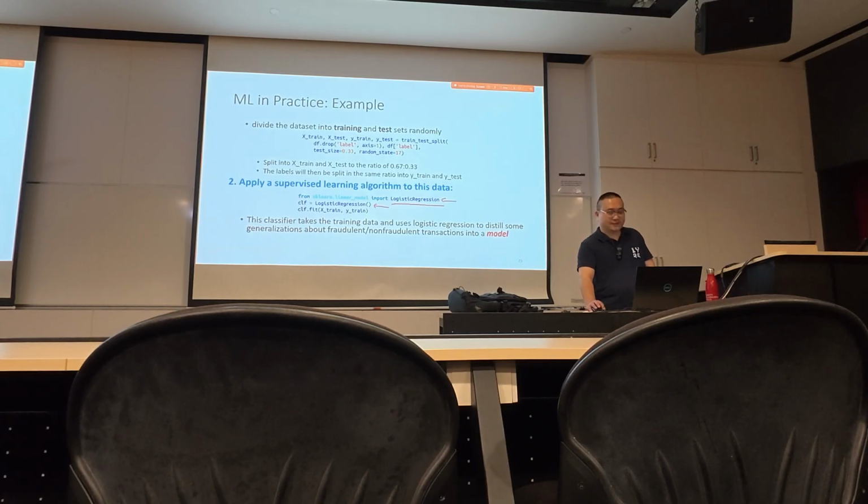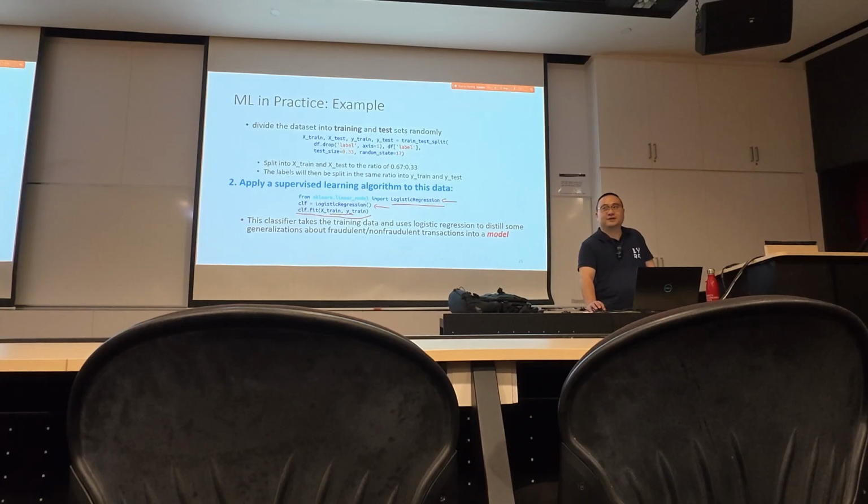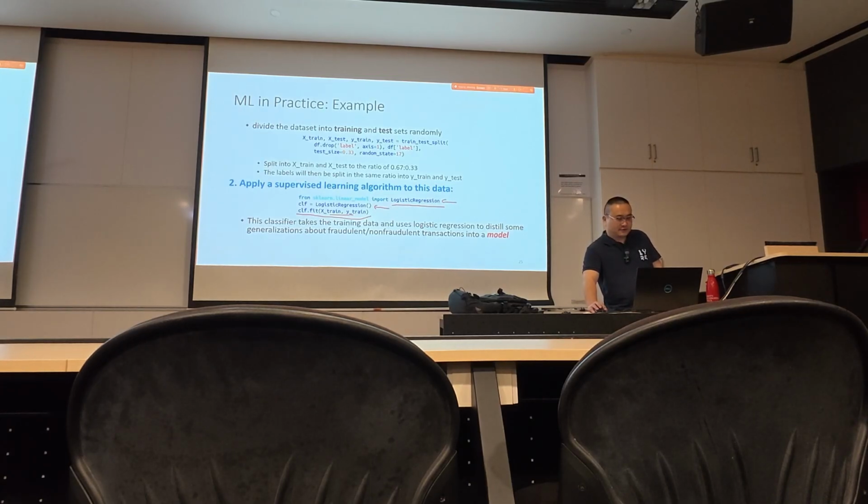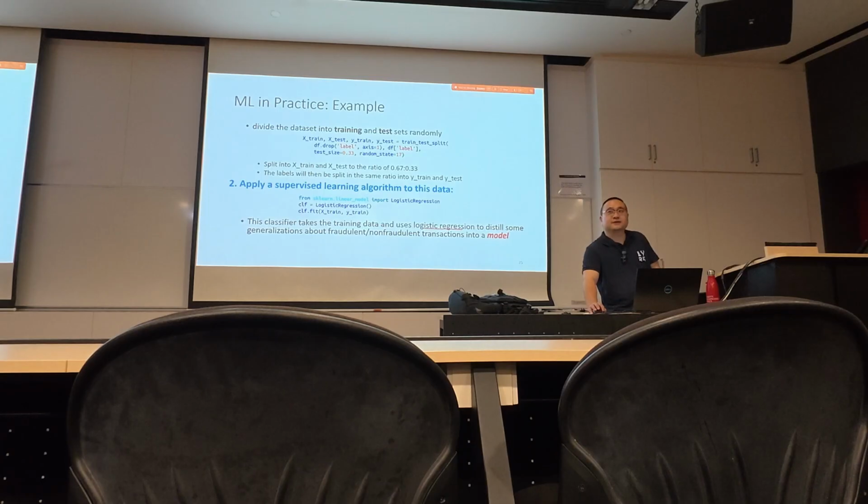Then with another line of code, you can train the model. Given the training data, the model will be well trained. When we call this section of code, the classifier takes the training data and uses this specific model to distill the generalization about the transactions. And this knowledge will be distilled into the model.